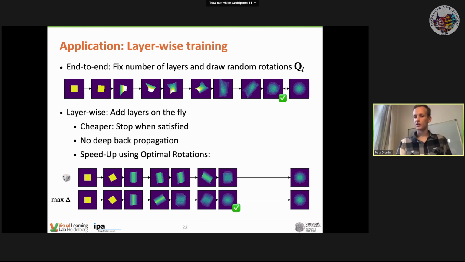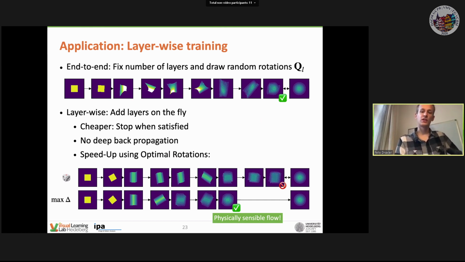In this particular case, we actually achieve the same quality as the end-to-end network with 4 layers after 3 layers. And also note that this flow is a lot more sensible. If you look at the shapes that we obtain up here, they're rather extreme and have extreme values for the probabilities, but here we kind of converge towards the normal distribution that we were looking for. But at the same time, layer-wise training has its own drawbacks.